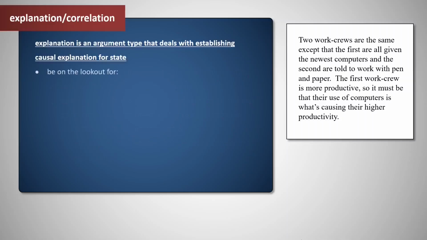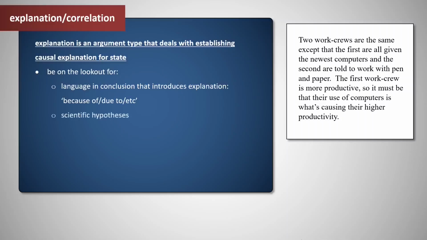All right, so for these arguments, you want to be on the lookout for language in the conclusion that introduces an explanation, something like because of, due to, etc. You want to be on the lookout for scientific hypotheses. So if a conclusion says something along the lines of the scientists hypothesize or researchers hypothesize, etc. And you also want to be on the lookout for research, studies, experiments, analyses, statistics, anything of that sort that establishes a correlation.